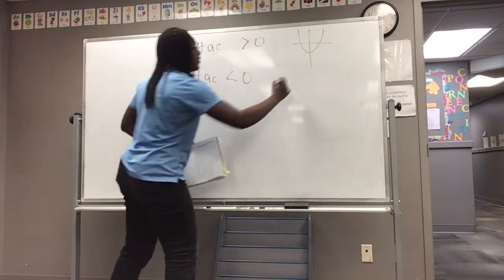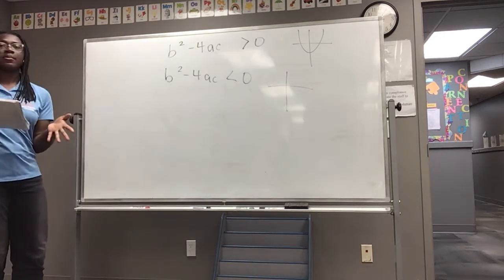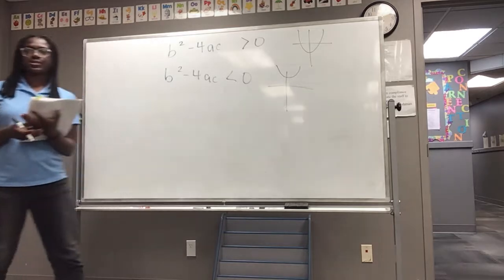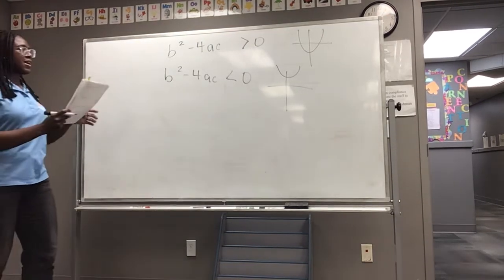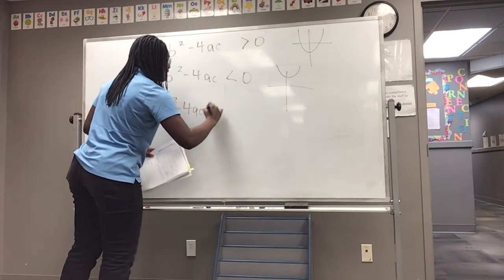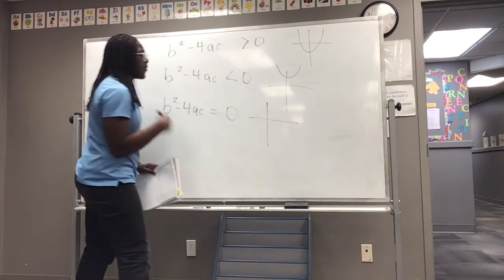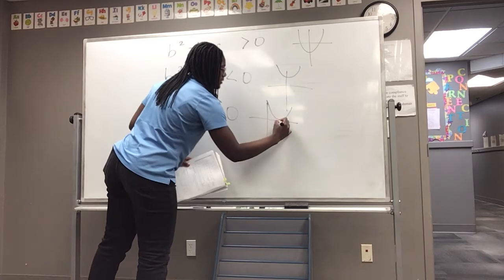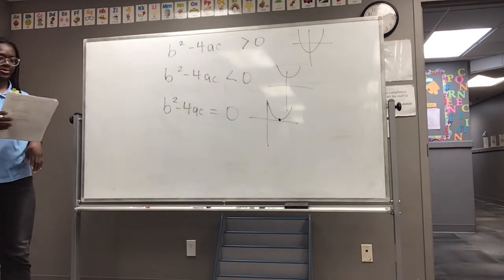Our solutions would come out imaginary, and the parabola wouldn't cross the x-axis at all. And lastly, if b squared minus 4ac is equal to 0, we have one real root, or one real solution, and the parabola will just touch the x-axis one time.